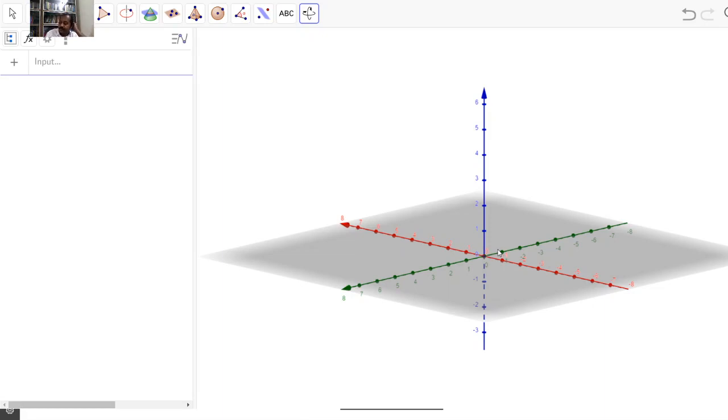y is equal to, so you consider this problem.